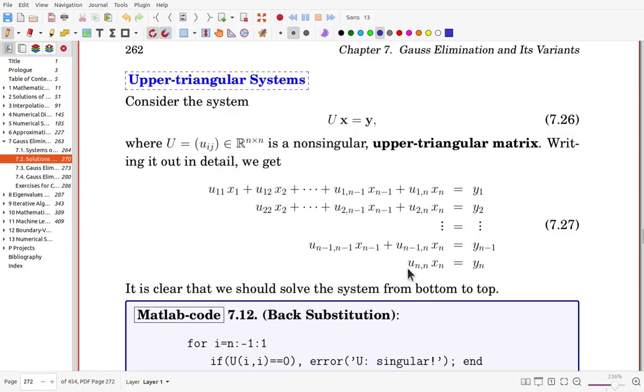From this last line, dividing by unn, we can get xn. Once xn is determined, we can move this to the other side and divide by this quantity, and so on. In a backward way, we can determine the x values. That is exactly back substitution.